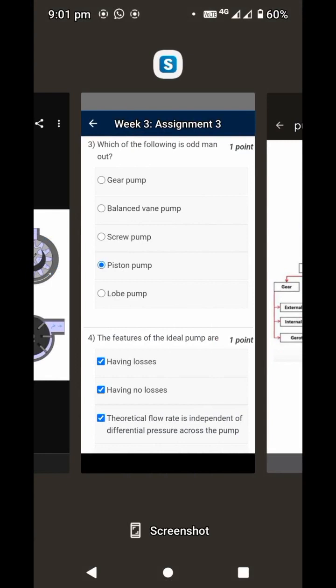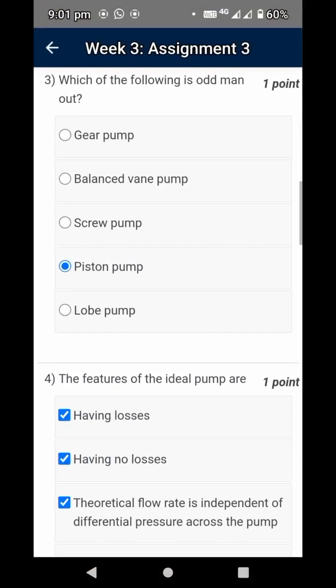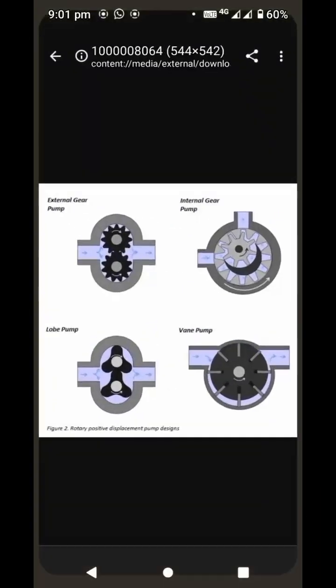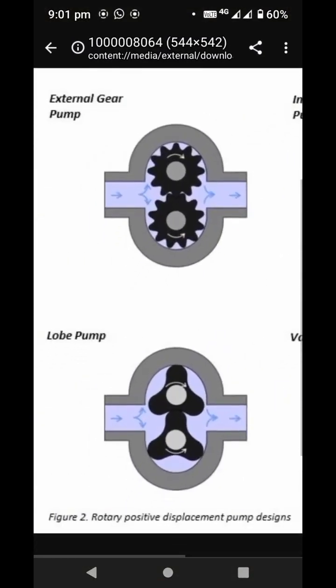So we can take the vane pump as coming under that category. So three pumps, and then the lobe pump. Lobe pump means once again gear pump, vane pump, screw pump, these three are coming under the rotary category. So lobe pump is also in the rotary category only. Just see the picture. This is a picture of a lobe pump. In this external gear pump, the gears are removed and the lobes are fitted. There is no separate option for lobe pump.